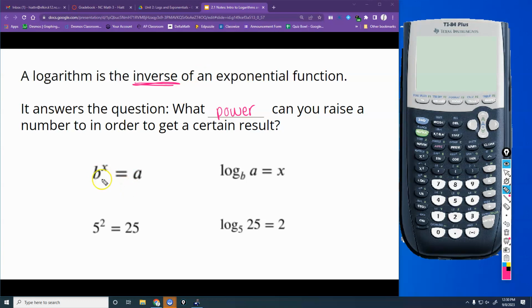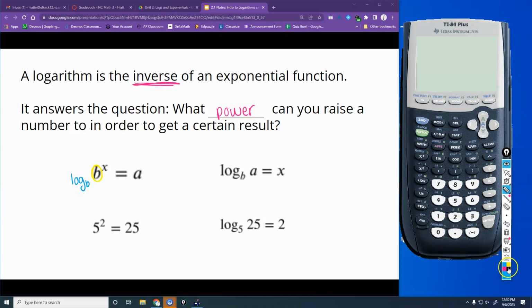What we're going to see is that if we have an exponential like this, with a base of b, and it equals a, if I want to rewrite that, I'm going to look for whatever the base is. The base for the exponential is the b. To get rid of a base that is b, we would use a log with a base of b.